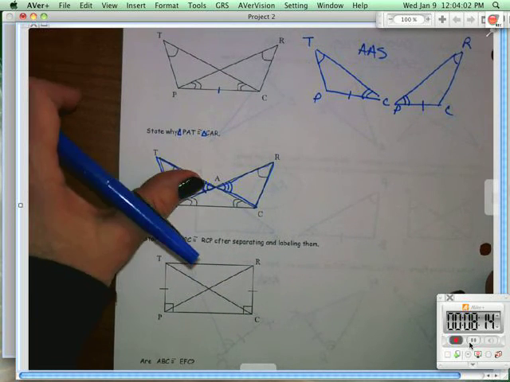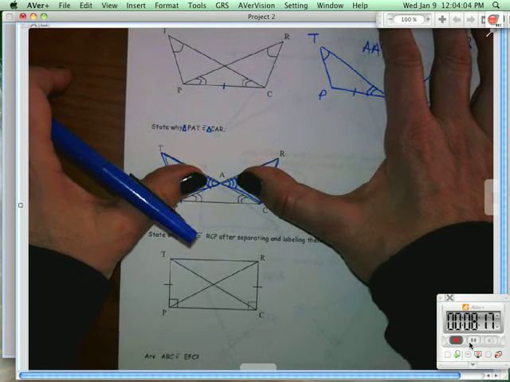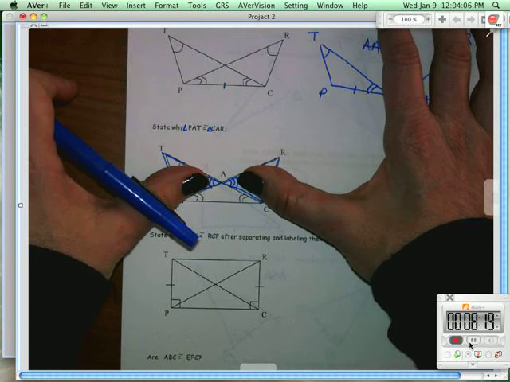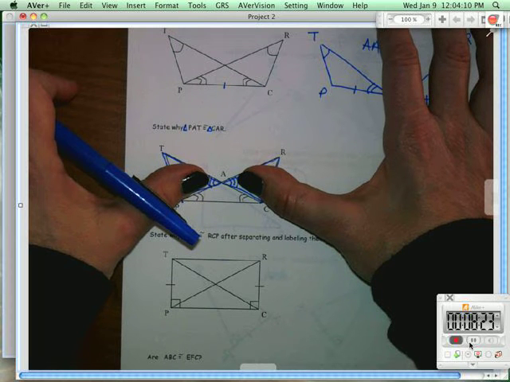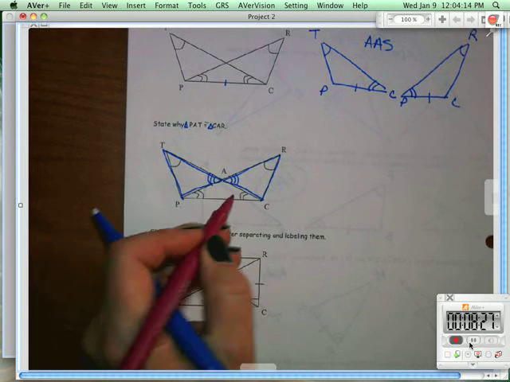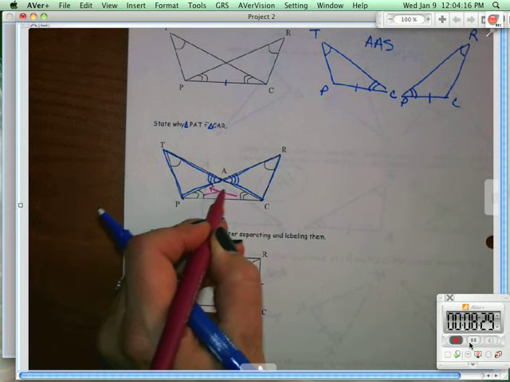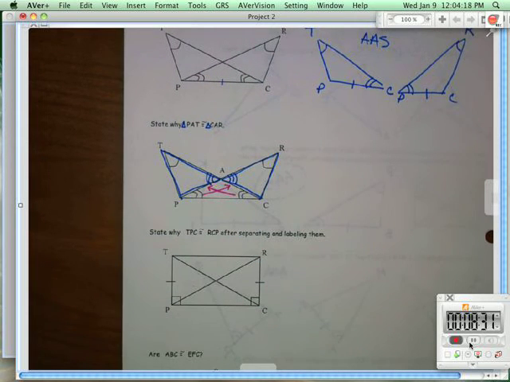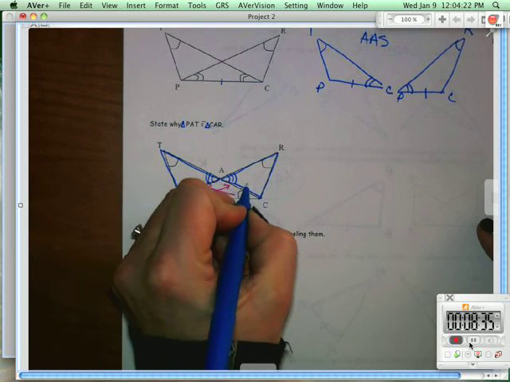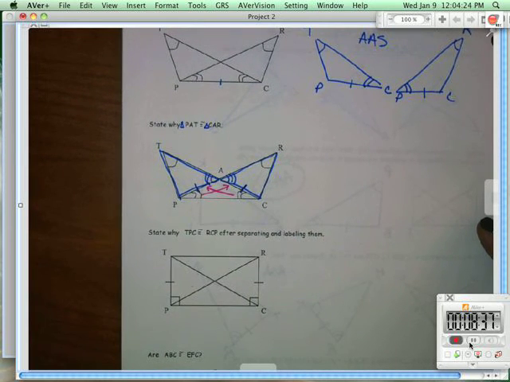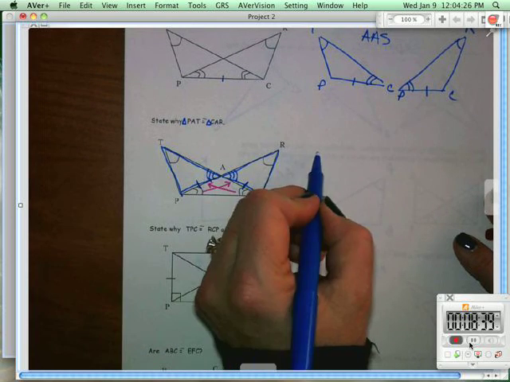But if I look at that bottom triangle, I see that the angles are congruent on the base, which means that it's an isosceles triangle. Oh, pretty nifty. That tells me that the sides opposite those congruent angles in an isosceles triangle are going to be congruent. So I can put a mark here and a mark here. All right, now I'm going to split them up and draw them. Actually, I really don't need to split them up.